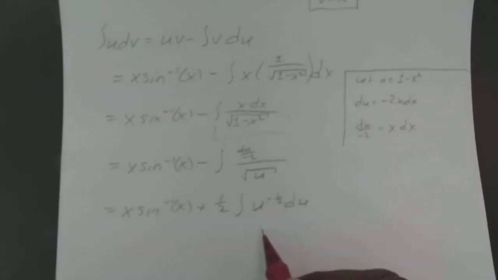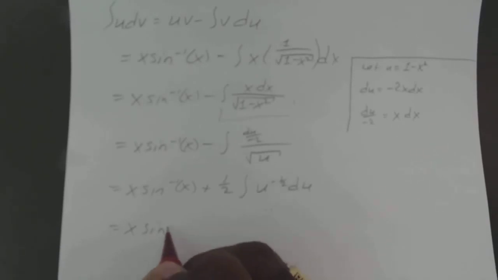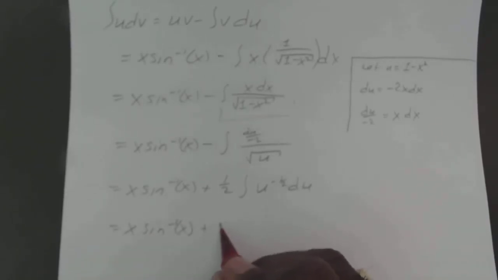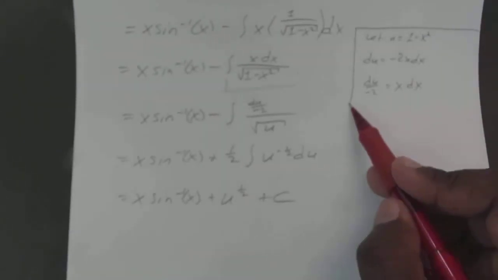So it ends up being u to the 1/2 over 1/2, and those two 1/2s will cancel out. U to the 1/2 plus c.